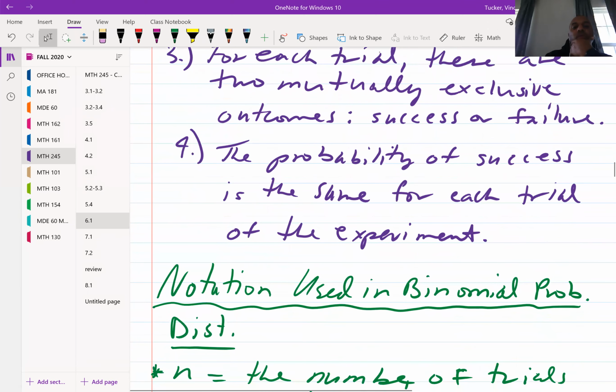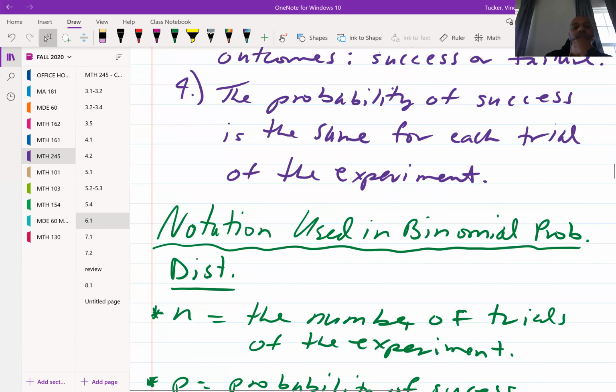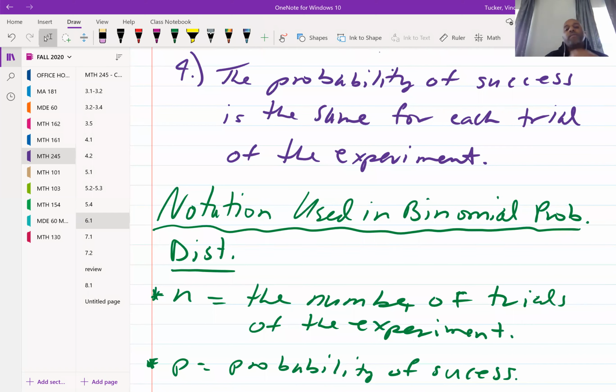All right, now hold on to 3. Okay. So notation used in a binomial probability distribution.